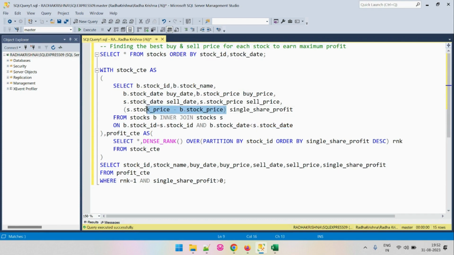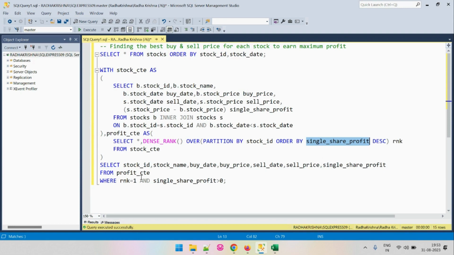Also, we have derived one column by subtracting buy price from sell price, which gives us the profit or loss column. Once we have all the possible combinations, we simply rank them per stock, that is, grouping based on each stock and ranking based on the profit in descending order, so that the combination that gives us the maximum profit is at the top with rank equal to 1.